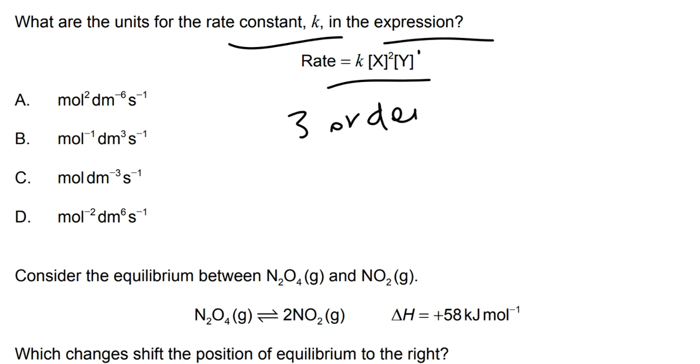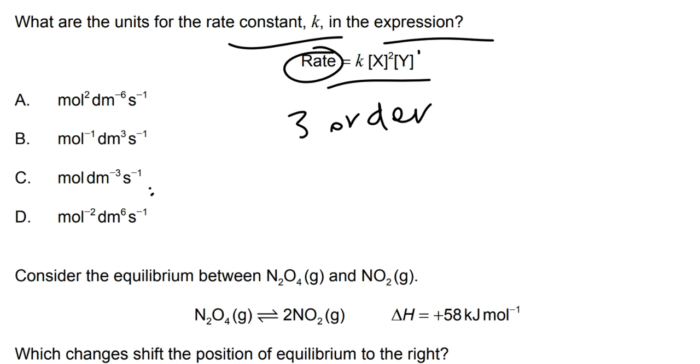For a third order reaction, we have to remember that the final units of the rate equation have to be moles per decimeter cubed per second. Sorry, this is the final units of the rate itself, not the rate constant K. So the final units of the rate would be this.